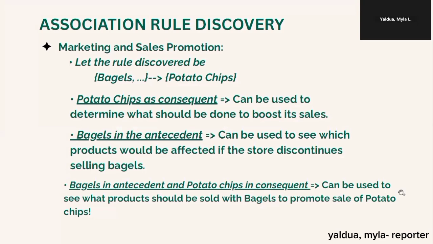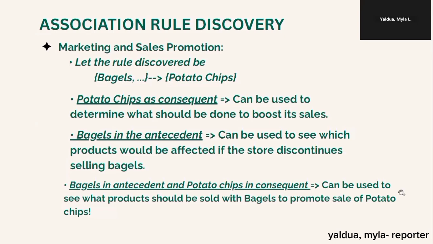Marketing and sales promotion. This explains how association rule discovery can be used in marketing and sales promotion. It uses the example of a rule where bagels, the antecedent, are associated with potato chips, the consequent. Analyzing the consequent, potato chips, helps determine strategies to boost potato chip sales.